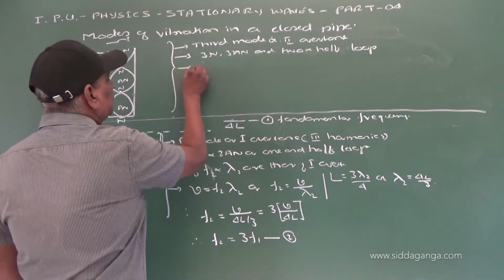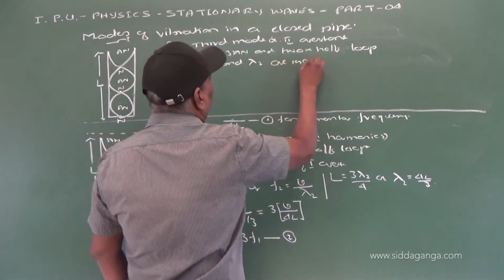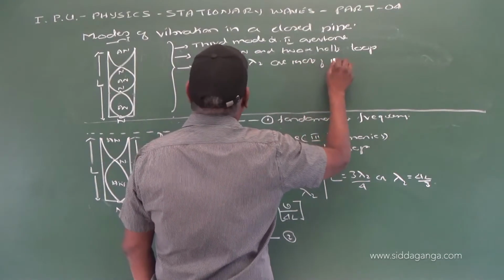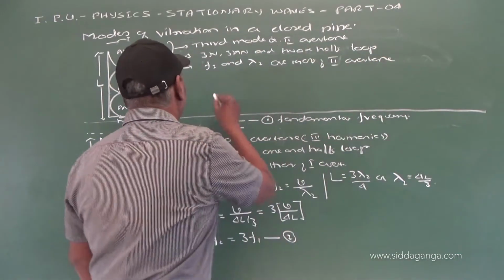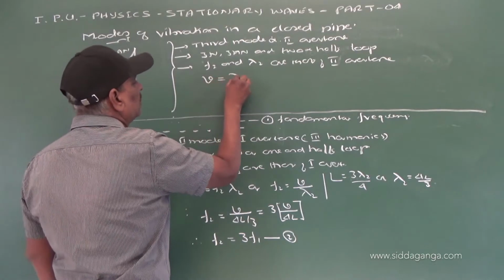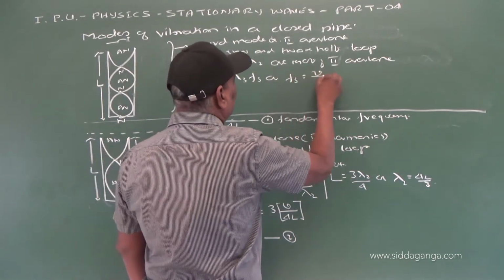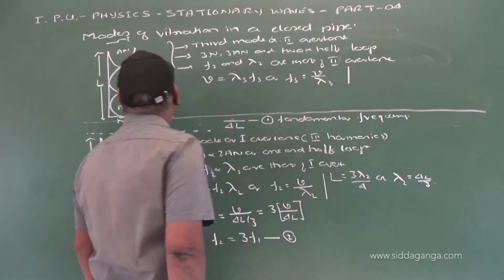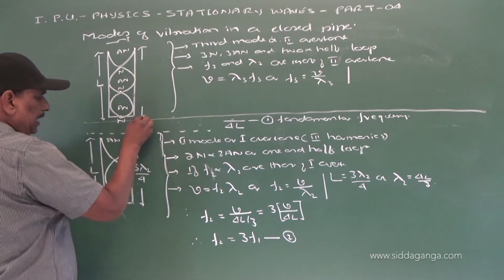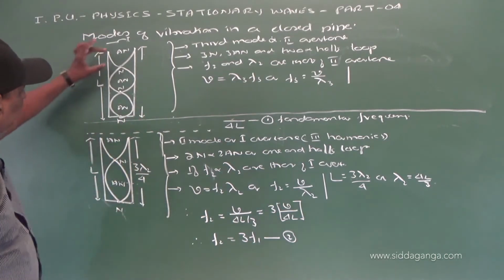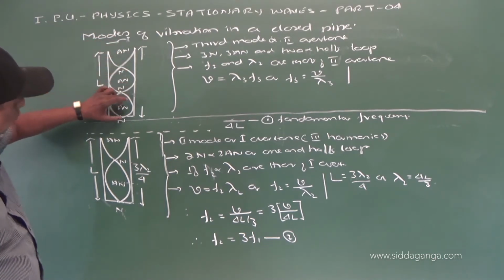Now here, if F3 and lambda 3 are those of second overtone, then we have V is equal to lambda 3 F3, or F3 is equal to V by lambda 3. Now if lambda 3 is the wavelength of the second overtone, then see here, this is 1, 2, 3, 4, 5.